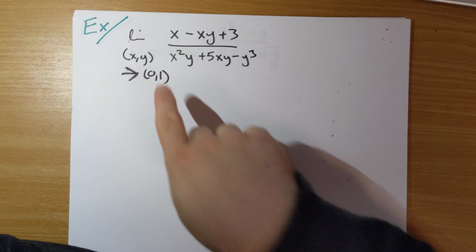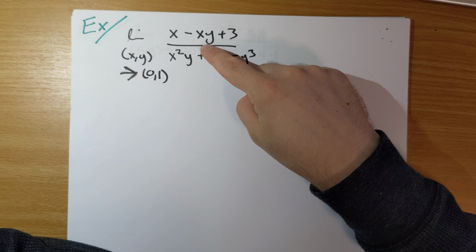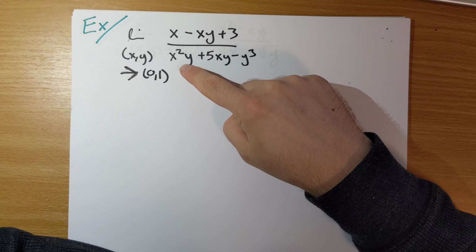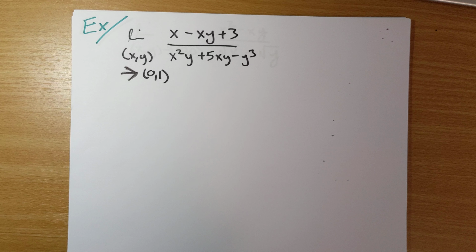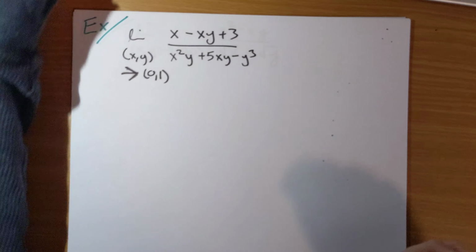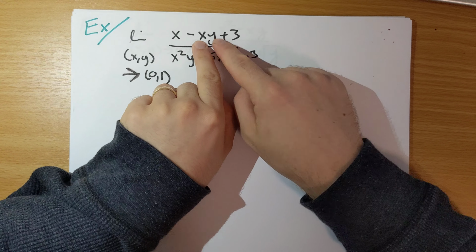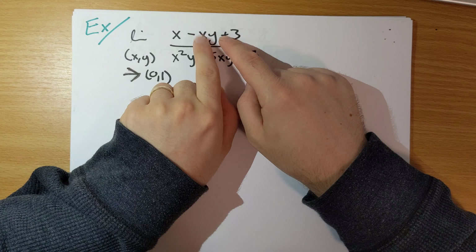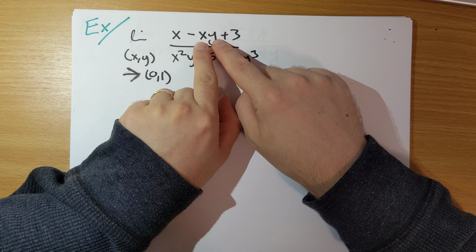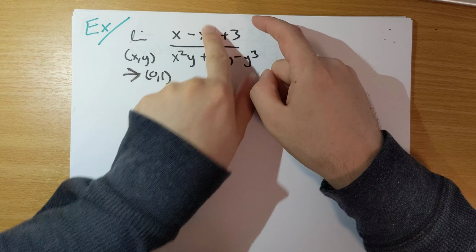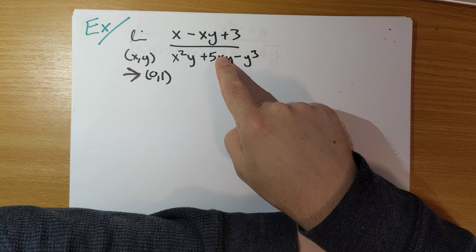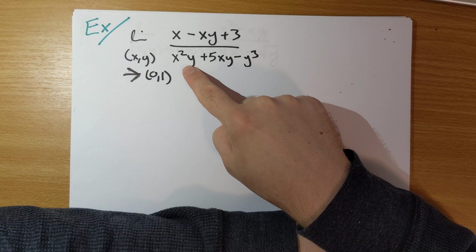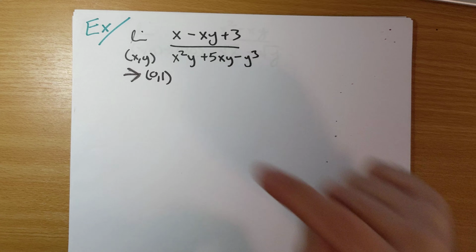The limit as (x,y) goes to (0, 1) of (x minus xy plus 3) divided by (x squared y plus 5xy minus y cubed). Now, we could break this down into lots and lots of limits and say, okay, we're going to use the product rule to do the limit of x times y. We're going to use the sum rule a couple of times in the numerator, the product rule a couple times in the denominator, a couple applications of power rule, constant multiple rules, quotient rule, and stuff like that.